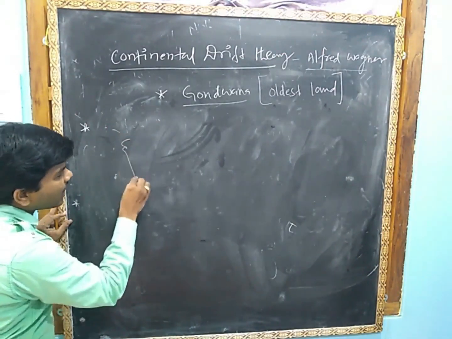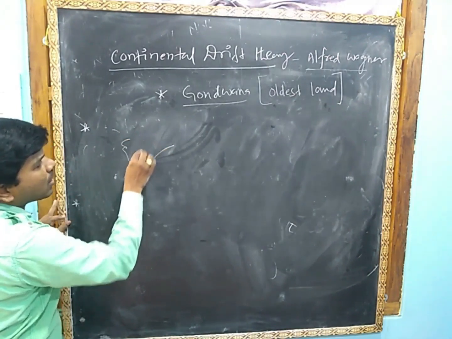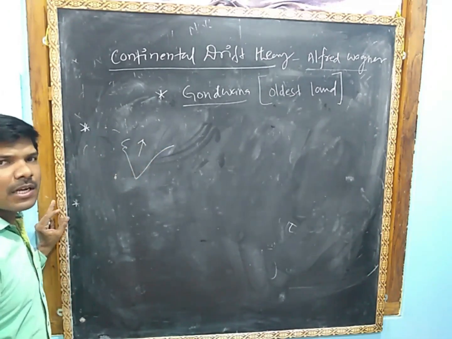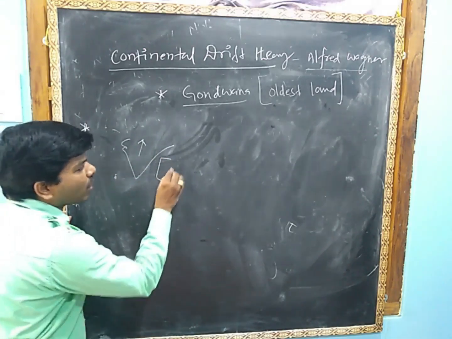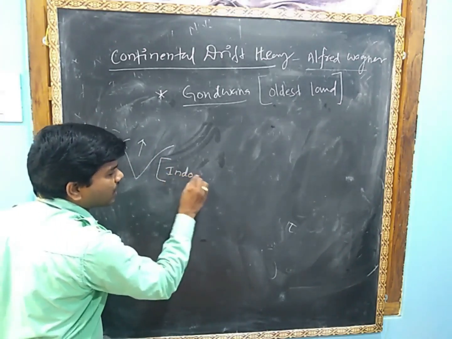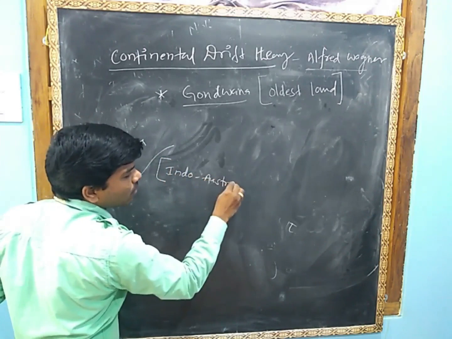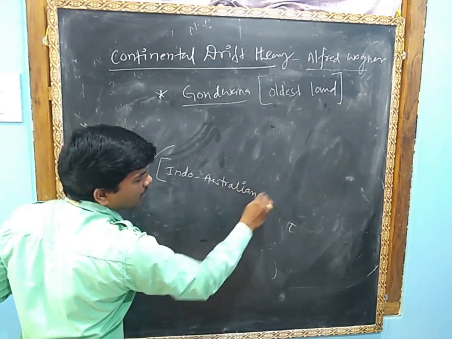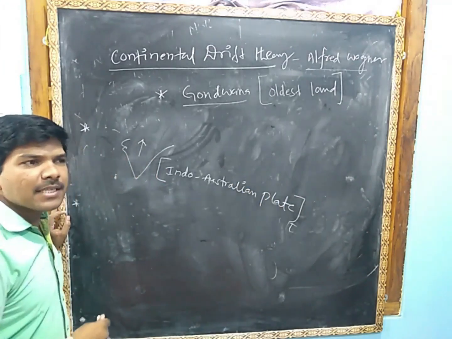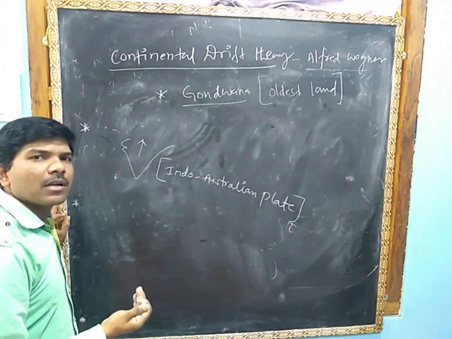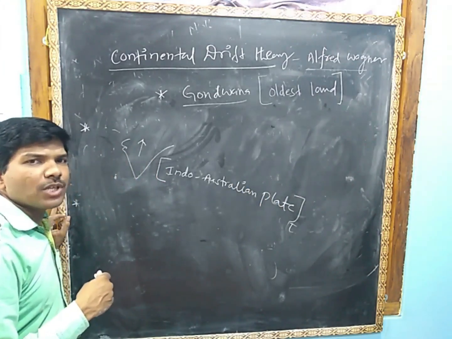Whenever India was moving northwards, it separated from a plate which is called the Indo-Australian plate. See beta, the plate system we already learnt in our 9th class, plate tectonic theory.